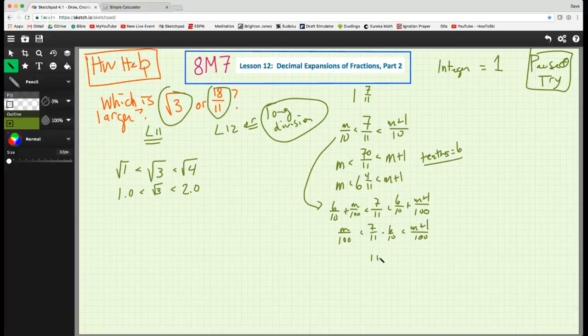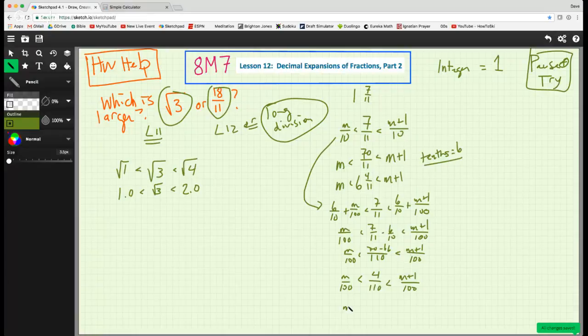This here, 110, we get 70 minus 66. So 4 over 110 is less than m over 100 is less than m plus 1 over 100.